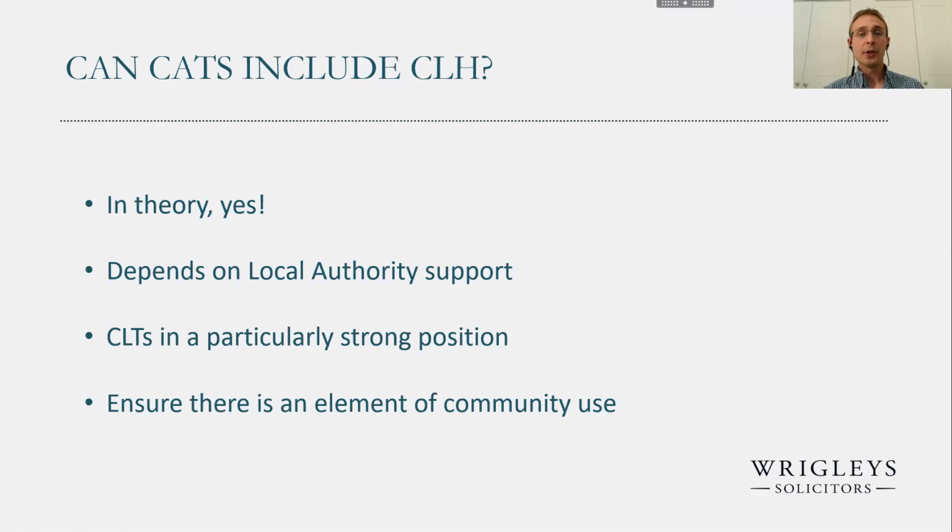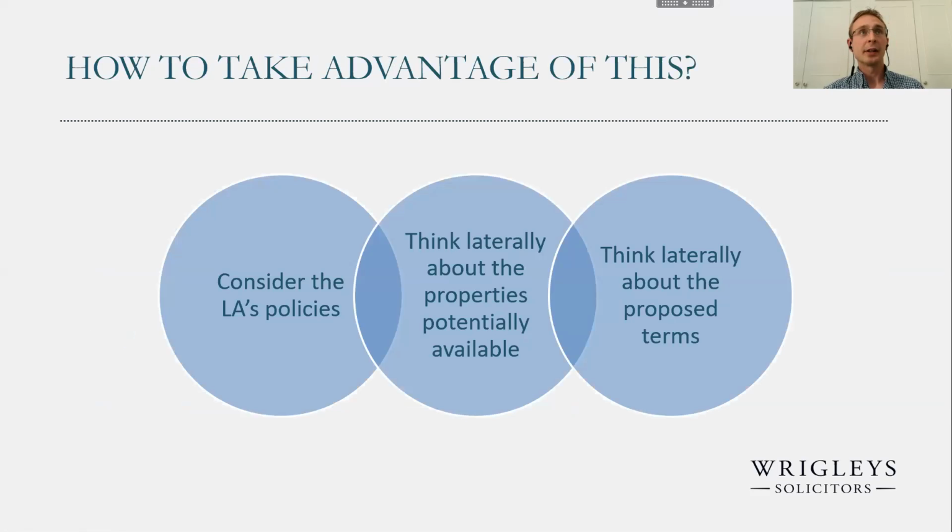Okay, then moving on. Caroline, again, can you tell us how can the groups go about taking advantage of the policies that exist? Certainly. As a starting point, it might be worth looking at the local authorities' policies.